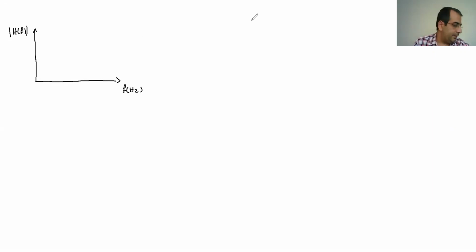Now let's look at another example of how we can use the filter in more complicated cases. Again, assume we have the very same filter here. So I'm going to draw it again. It's frequency in hertz, and the magnitude of the filter goes something like this.